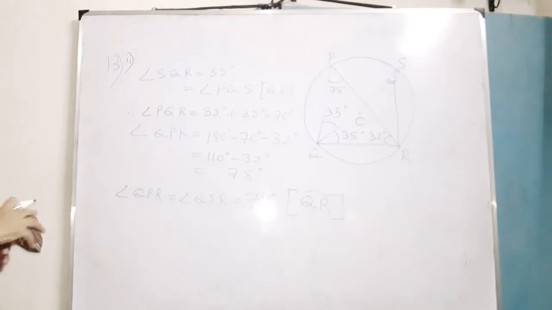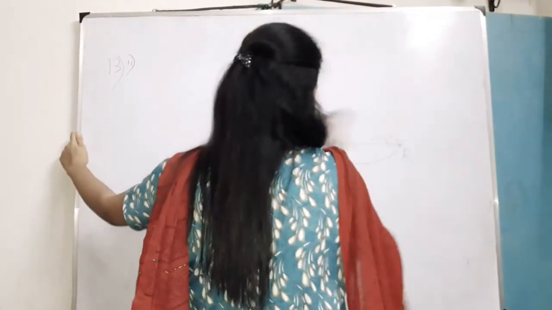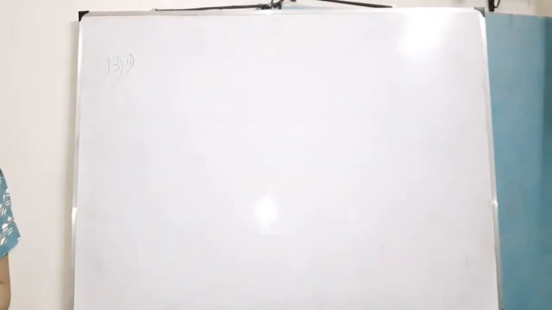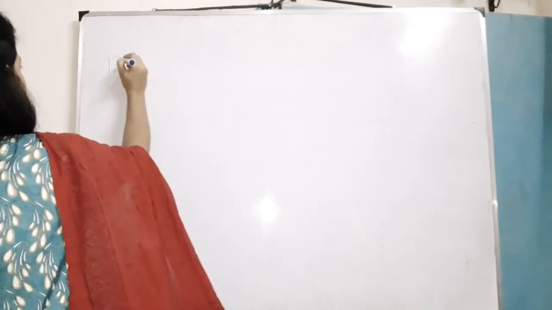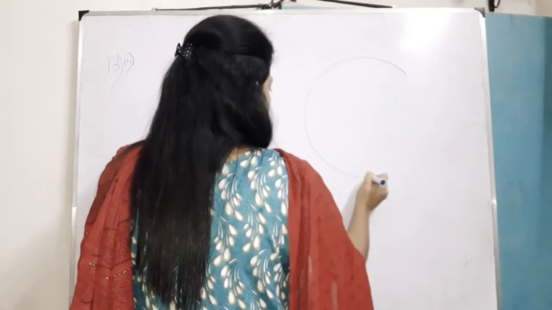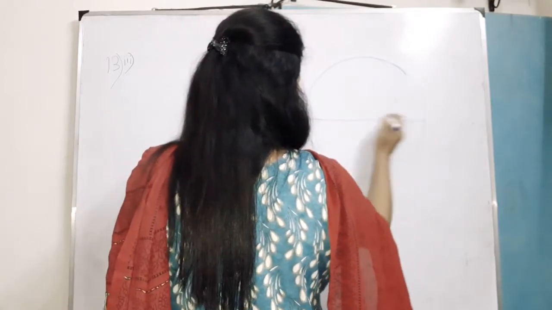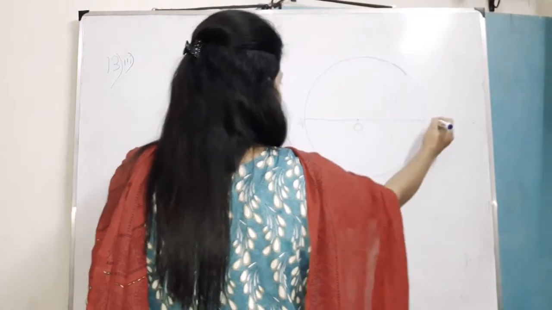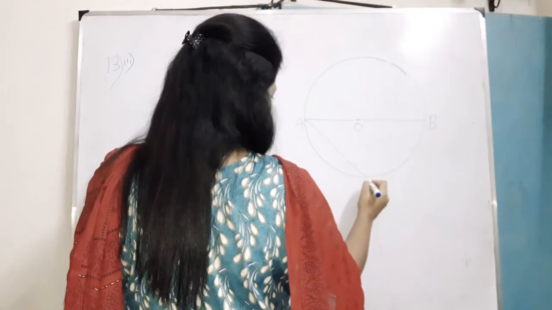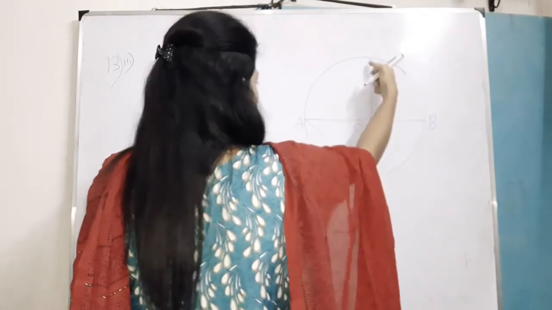Now sum number 3. AB is the diameter. CD is just a chord, it is not the diameter, okay.